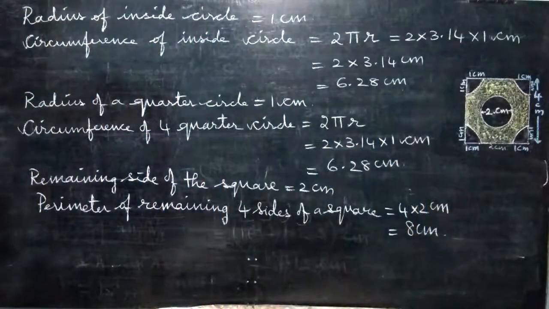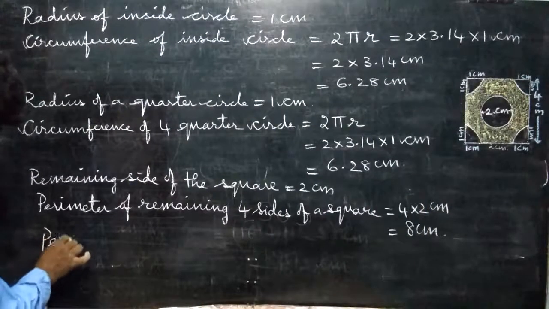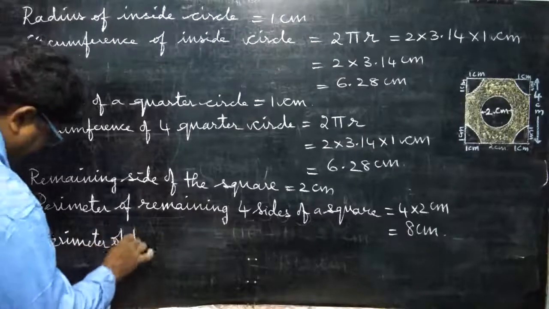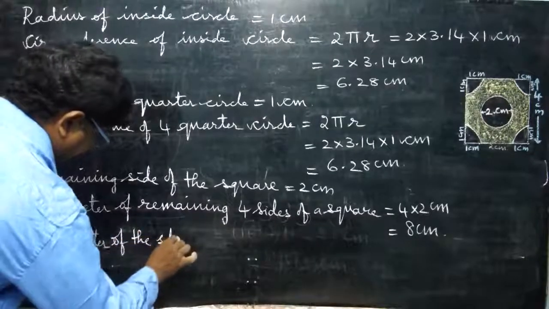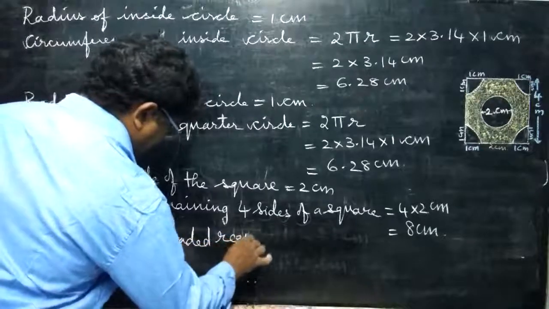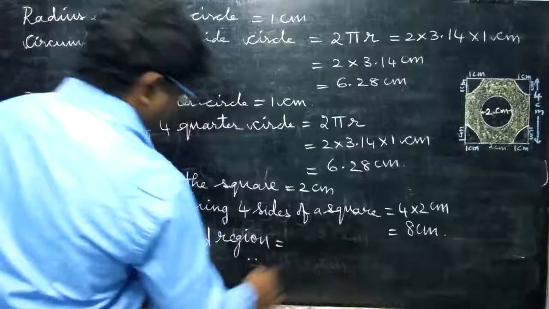Now they are asking to find the perimeter of the shaded region. What do we have to take?